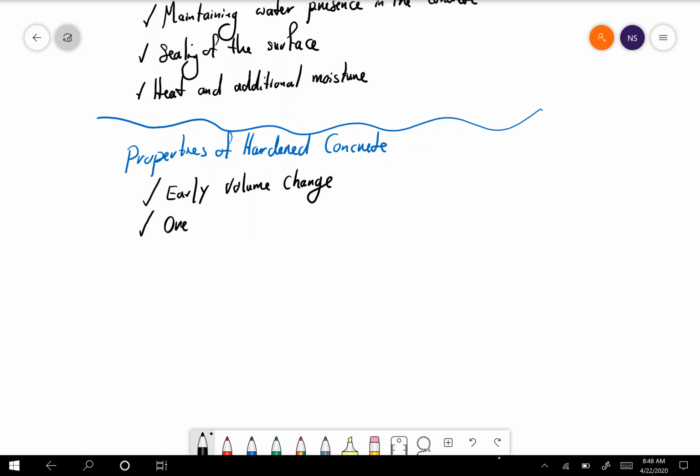There's a creeping process. The permeability of the concrete changes during the process, and also there's a stress-strain relationship that we need to make sure that we know of.